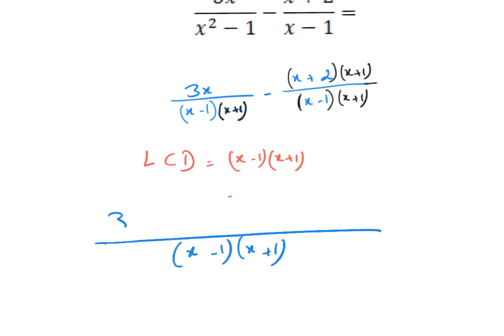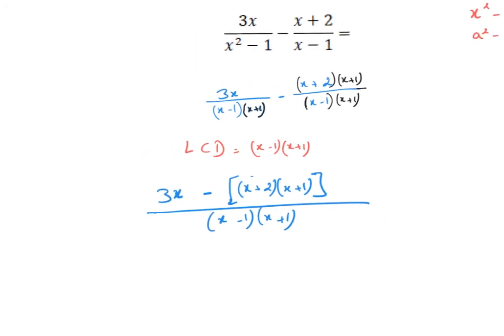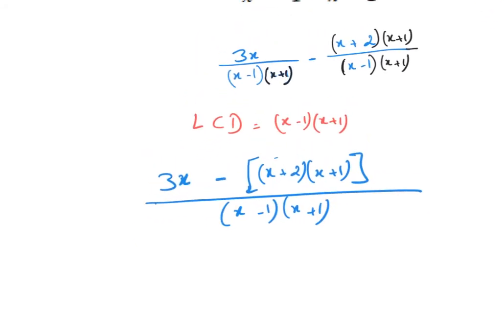It's going to be 3x minus, let's have brackets here because we're going to have two parentheses, x plus 2 times x plus 1, right? And I need to solve inside the bracket.